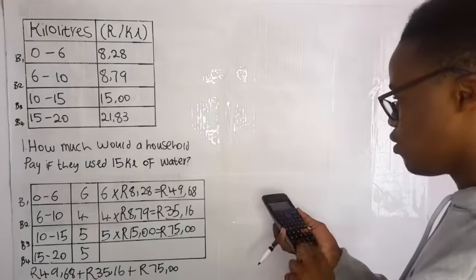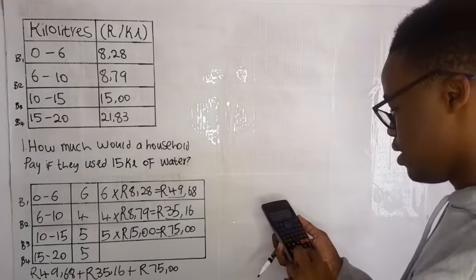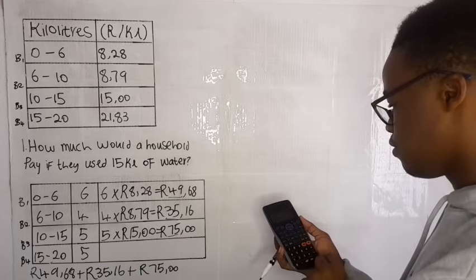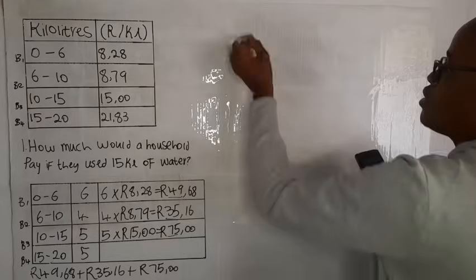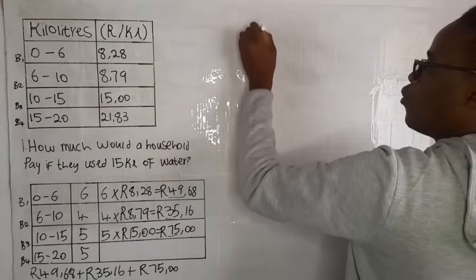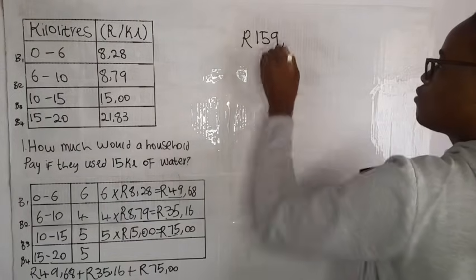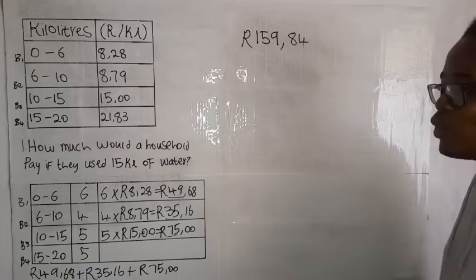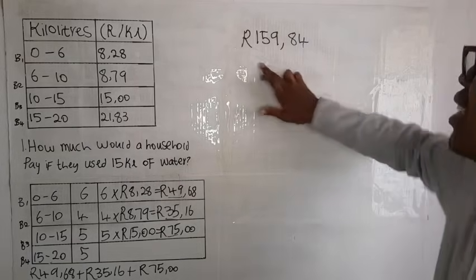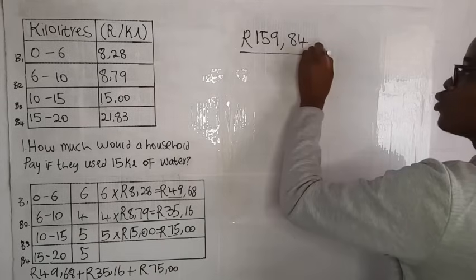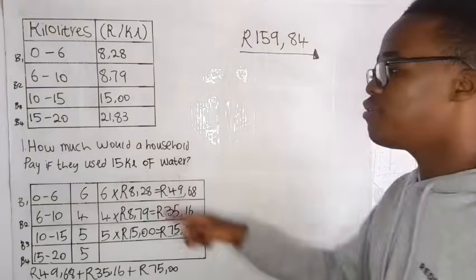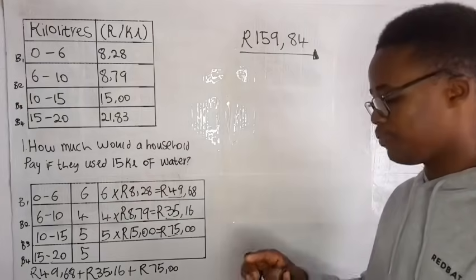It's 49.68 plus 35.16 plus 75, which gives us a total of 159.84. So this is the amount that this household will have to pay because they used 15 kiloliters of water.